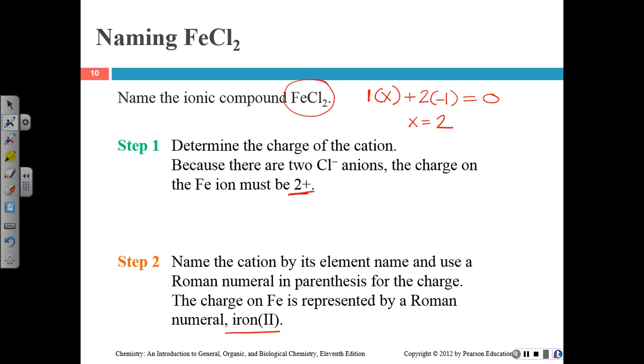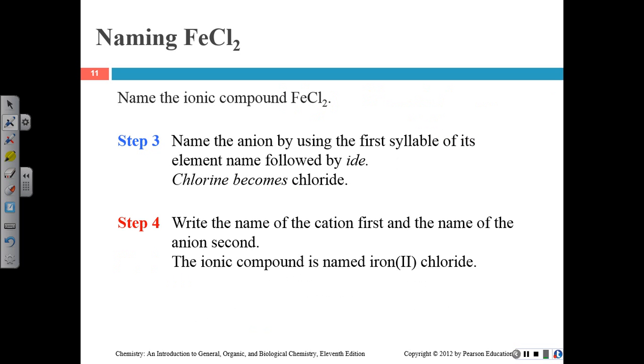So we have iron, parenthesis 2, and like I said, that doesn't mean we have 2 iron atoms. That means we have 2 as the oxidation state. Now we have Cl at the end, so we drop the INE and add IDE. That's been something common for all 3 classifications. So chlorine becomes chloride, and our final answer is iron 2 chloride.